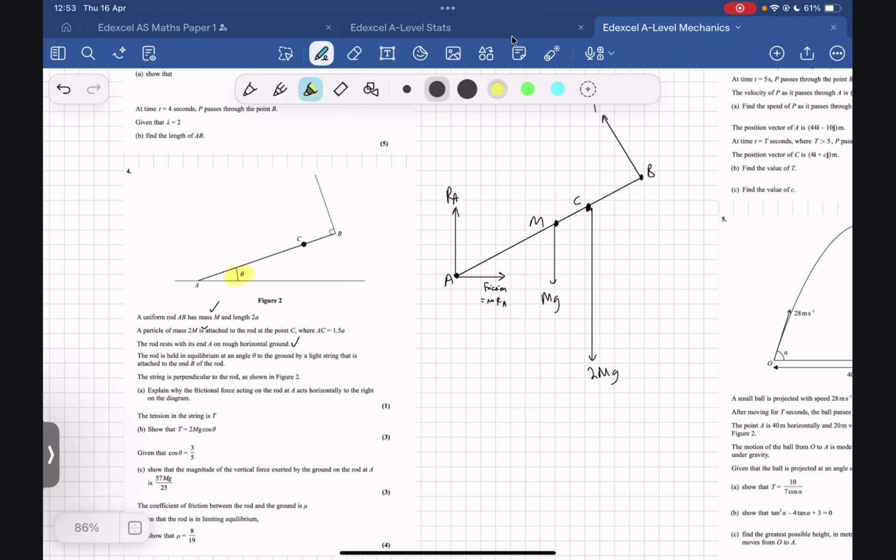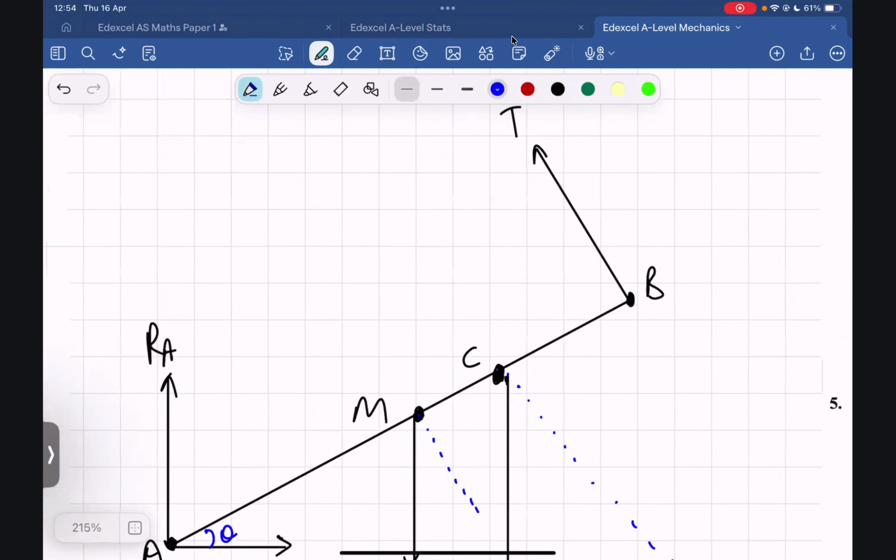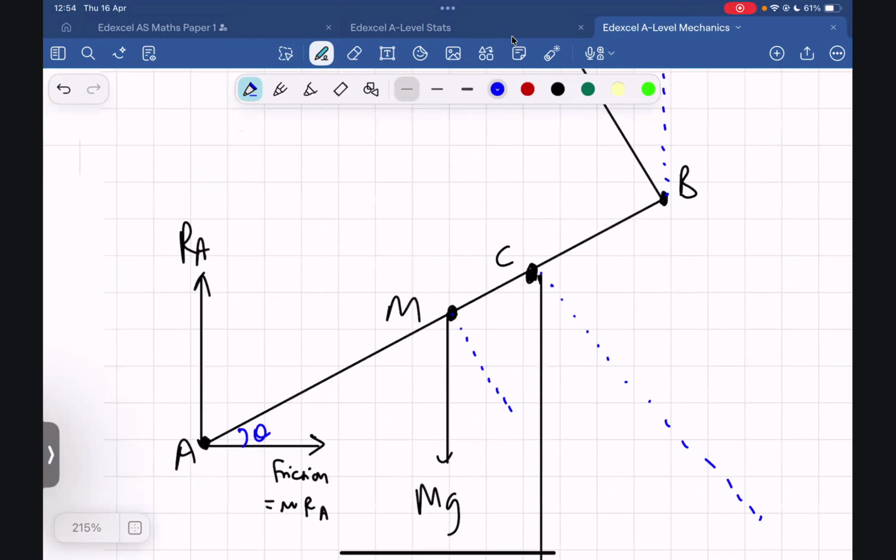So if this is theta, isn't it? So I'm going to label this as theta. Theta, theta, theta.